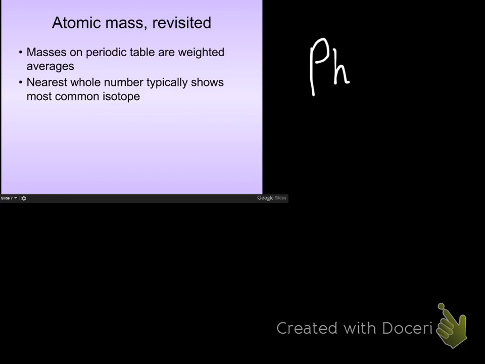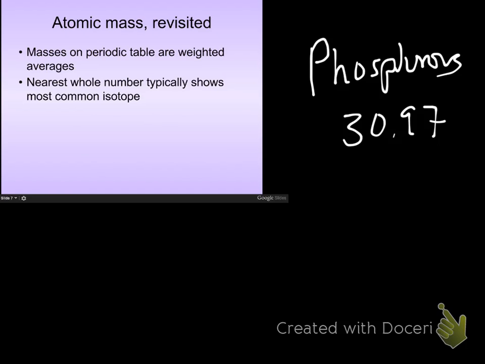Okay. 30.97. Now wait a stinking second. 30.97? That's not a whole number. Where do we get our mass?